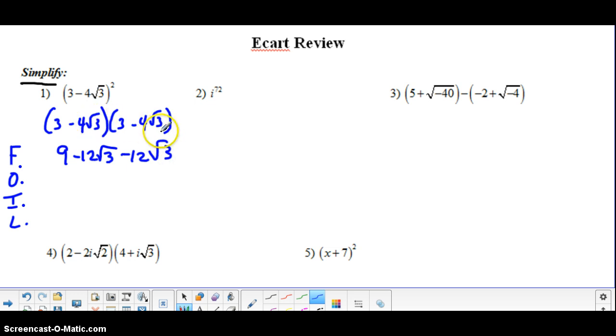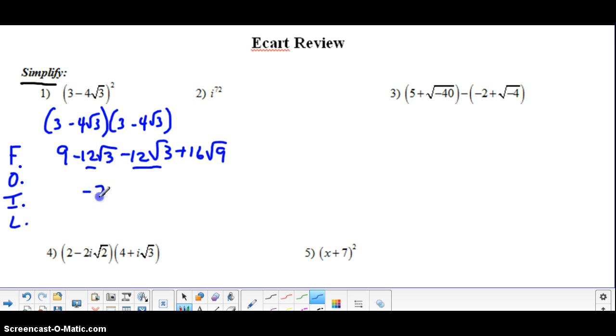And now for our last terms, we multiply our coefficients. Negative 4 times negative 4 would be positive 16, and then our radicands. Square root 3 times square root 3 would be 3 times 3 is 9, so square root 9. Now I'm going to combine like terms. These two are alike, so I'm going to add the coefficients just like we do with variables. If we have like radicands, you can only add them if they're alike. The index and the radicand have to be the same.